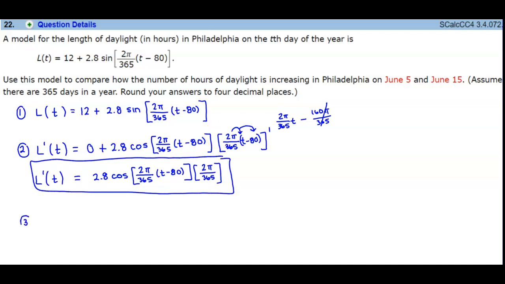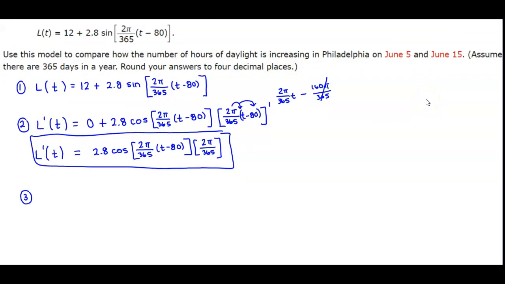Now in step number 3, we want to compare the number of hours of daylight that's increasing on June 5th and June 15th. If we take a look at June 5th, t is going to represent 156. So we're going to find L prime of 156 by plugging it into the formula.